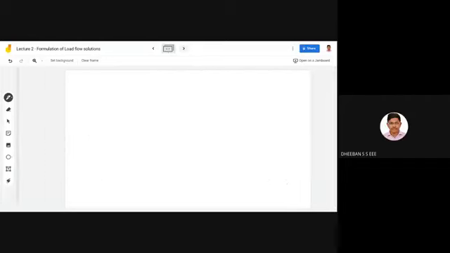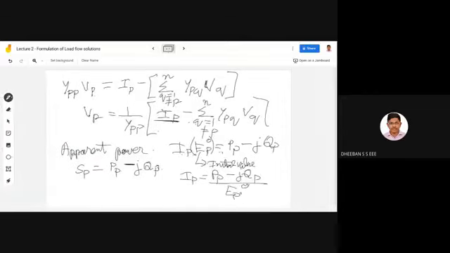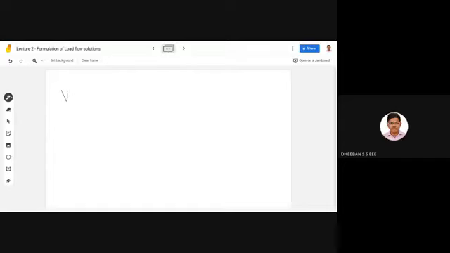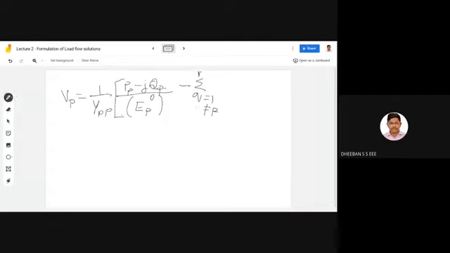So what happens? If you are substituting this Ip value over this Vp value, it will become Vp equal to 1 by Ypp into Pp minus jQp divided by Ep naught, minus summation q equal to 1, but not equal to p, to n, summation n, and over here Ypq into Vq.